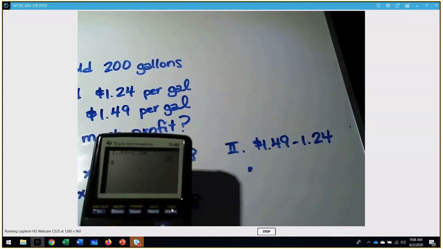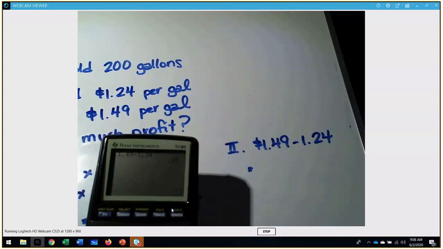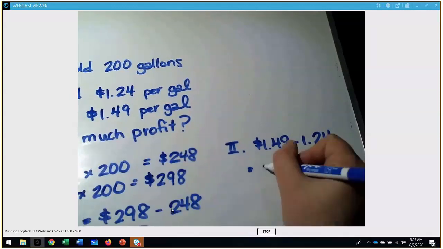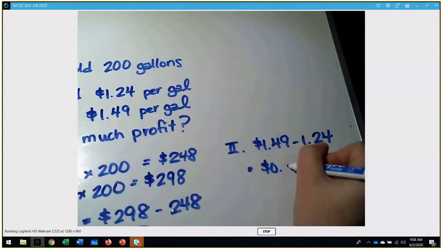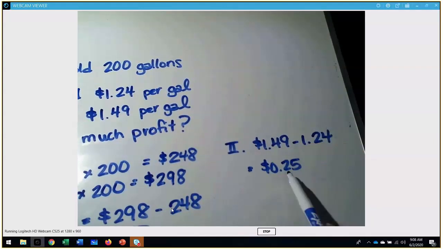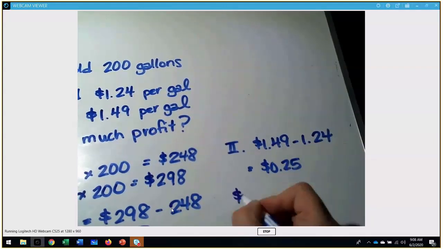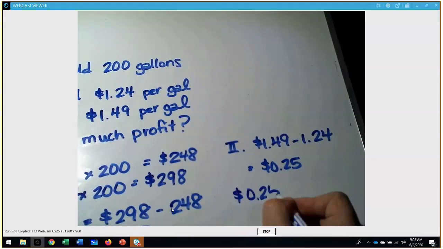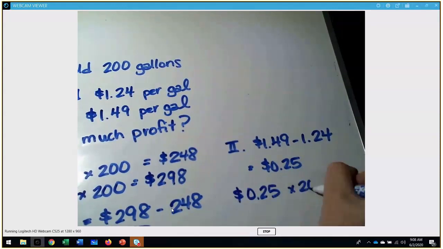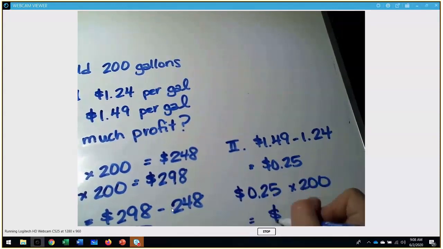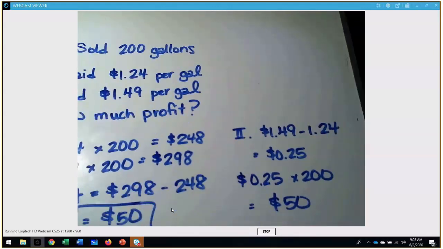So they make 25 cents per gallon, and then multiply that by 200. You still get the same thing. Two different ways of going about it.